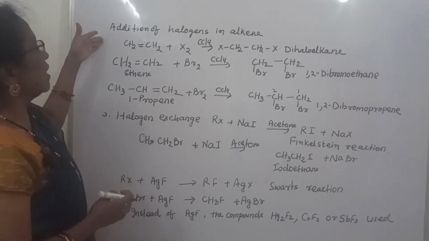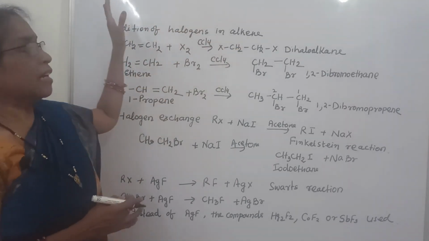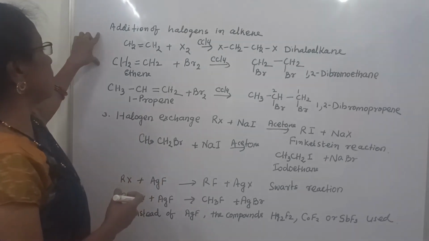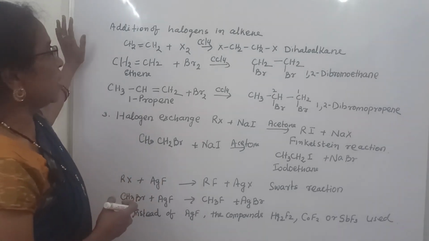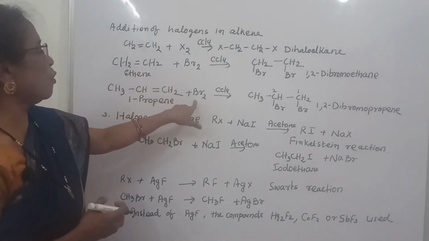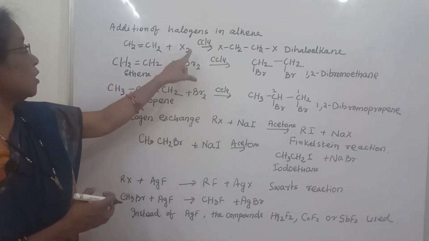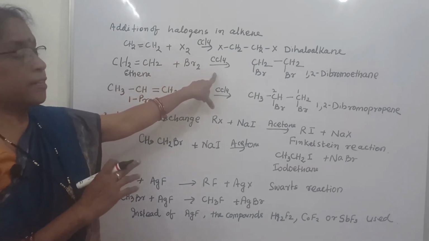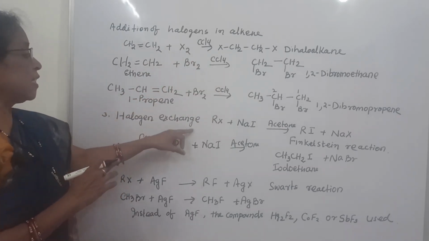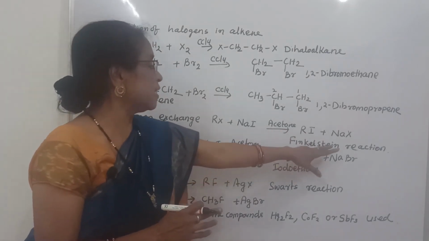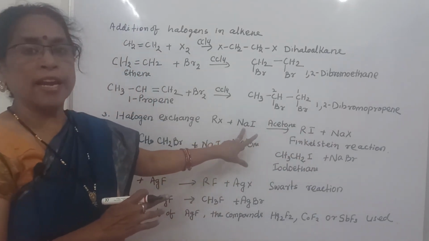See here, addition of halogens to alkene, how can you get it from alkene? This is one method, and other methods were already explained. Here this is also the same with bromine. When halogen is added, you should take CCl4, carbon tetrachloride. Halogen exchange has two types. One is the Finkelstein reaction, where since it ends in N, you use sodium NaI.